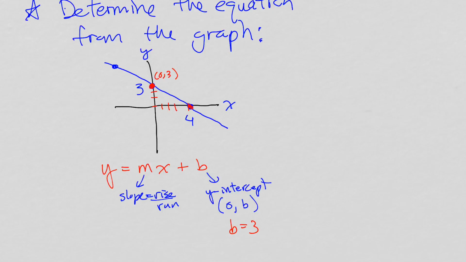If we go down 3, it's going to be minus 3 and 4. So our rise over run is going to be negative 3 over 4, so m equals negative 3/4. Therefore, our equation is going to be y equals negative 3/4 x plus 3.